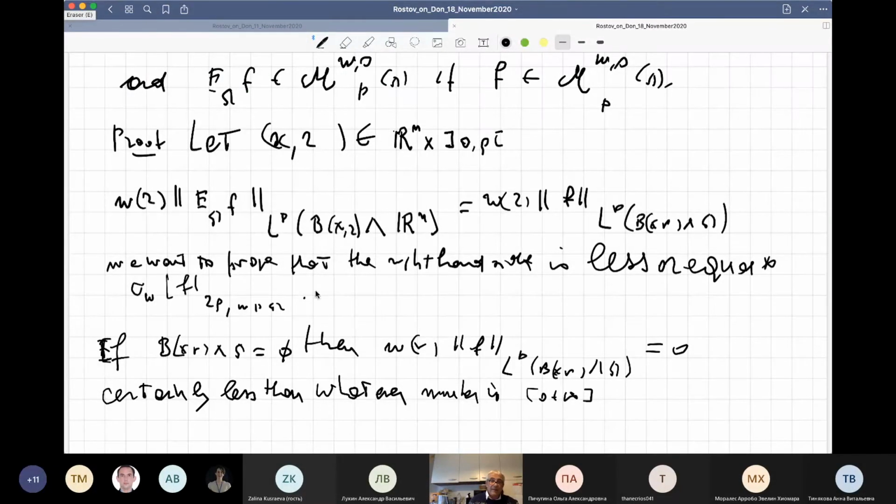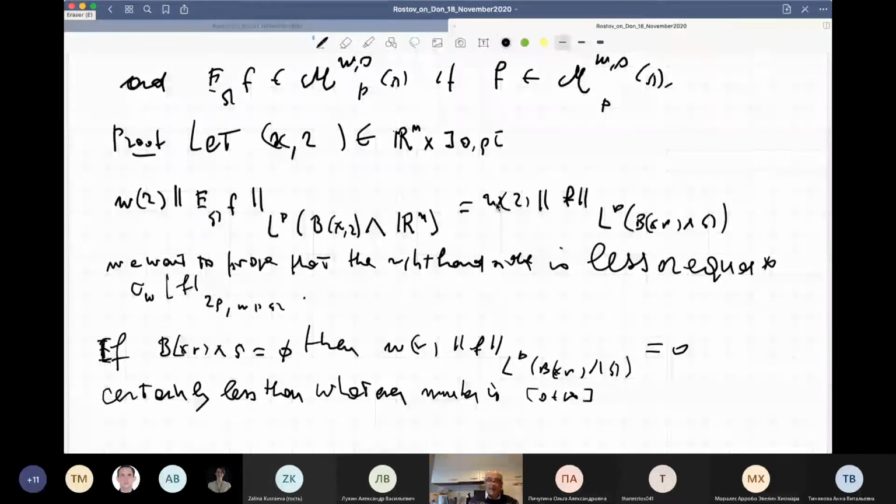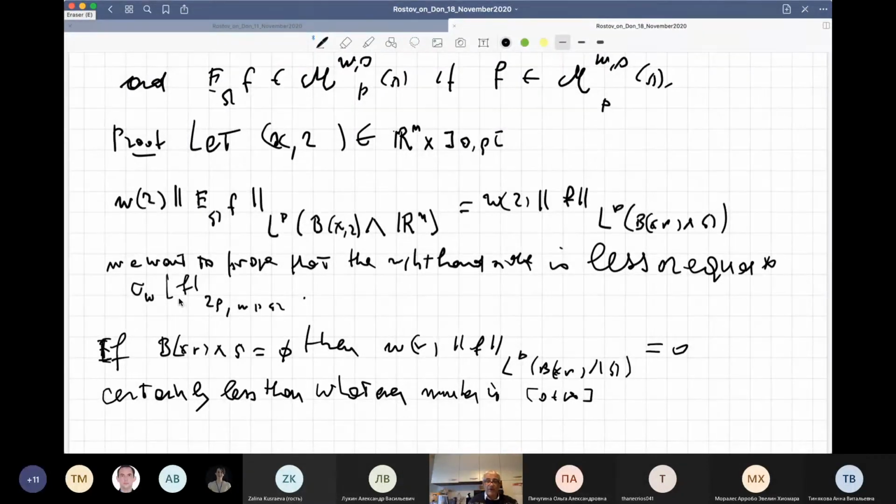So the inequality that the right-hand side is less or equal than sigma_w times the norm of f is certainly true. Okay.